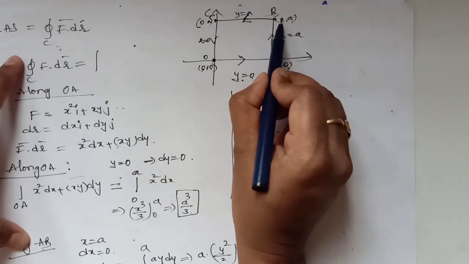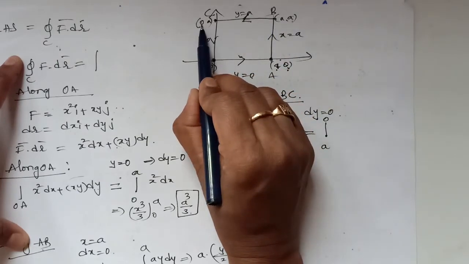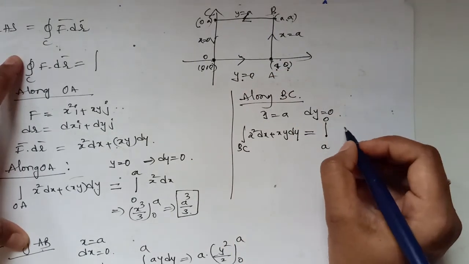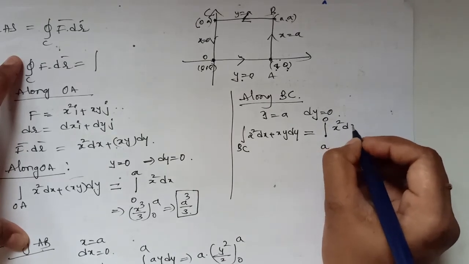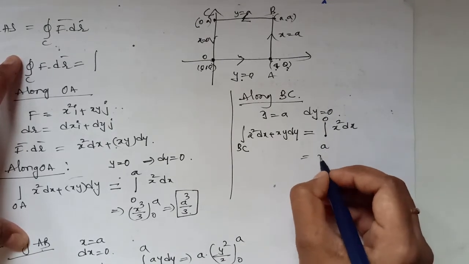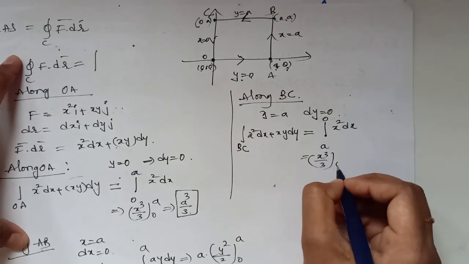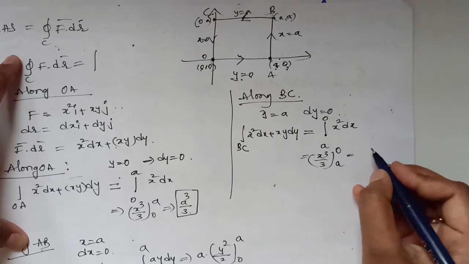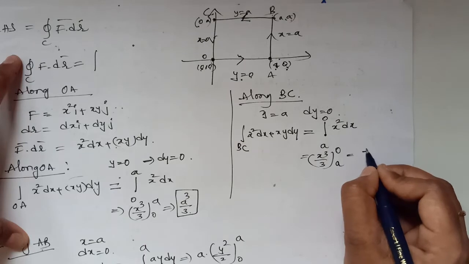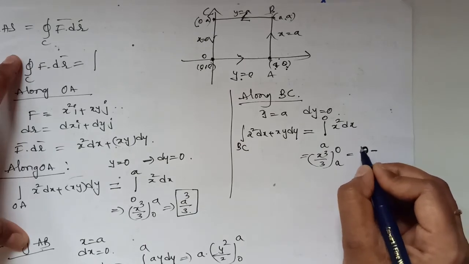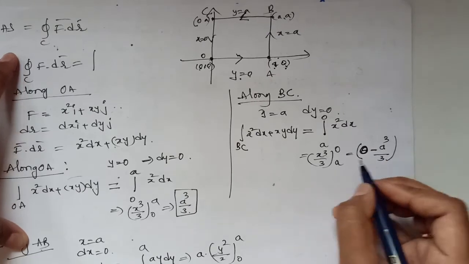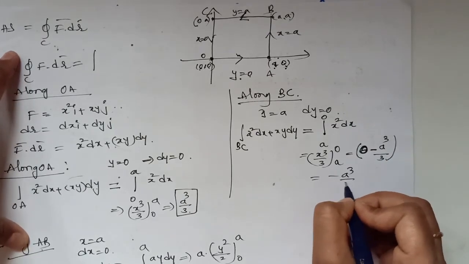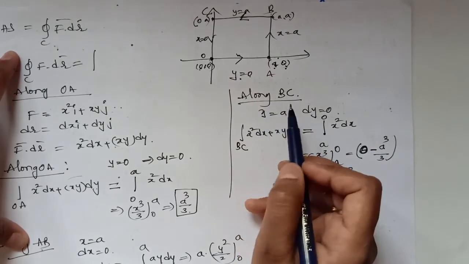This complete term becomes 0, leaving x square dx. This implies x cube by 3 from a to 0, which is equal to minus 0. Lower limit first you have to substitute, 0 minus a cube by 3, which is equal to minus a cube by 3 along BC.